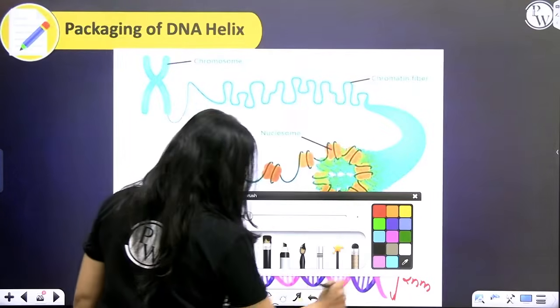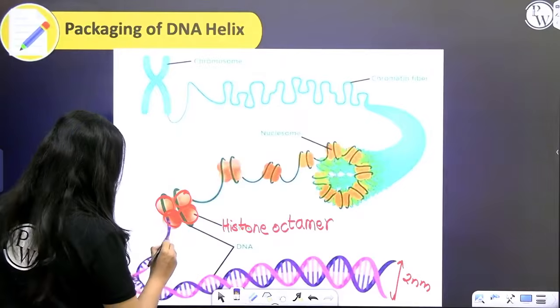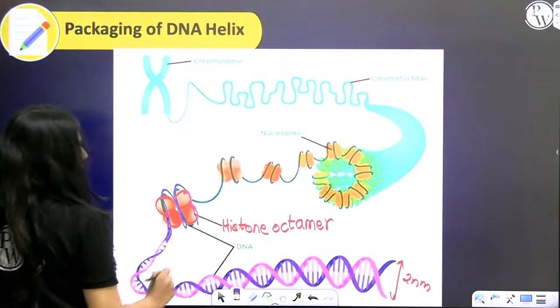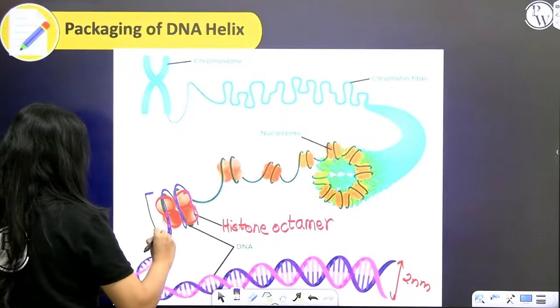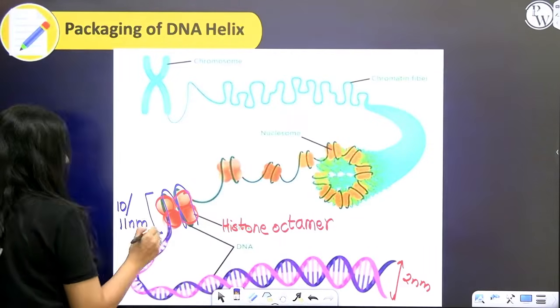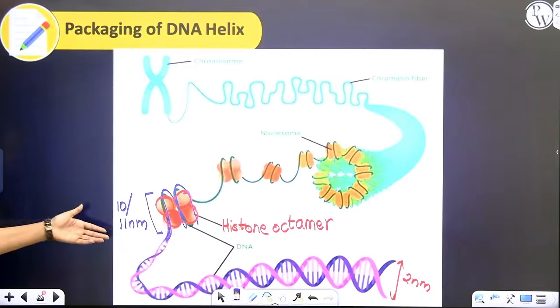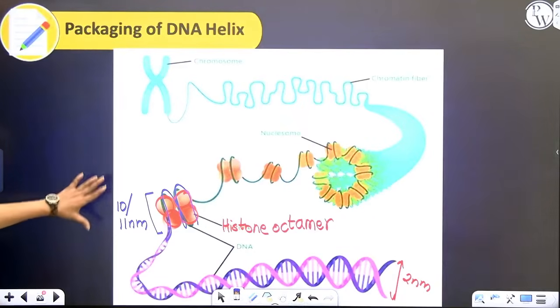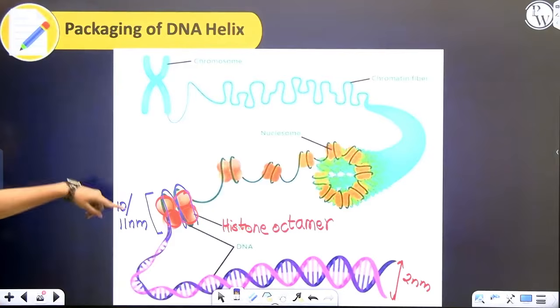Around this histone octamer, you can see how the DNA will bind. So from 2 nanometer, its width will increase to about 10 or 11 nanometer. Different books give you different numbers. In some it says 10, in some it says 11. Okay, so that is DNA winding around the histone octamer.